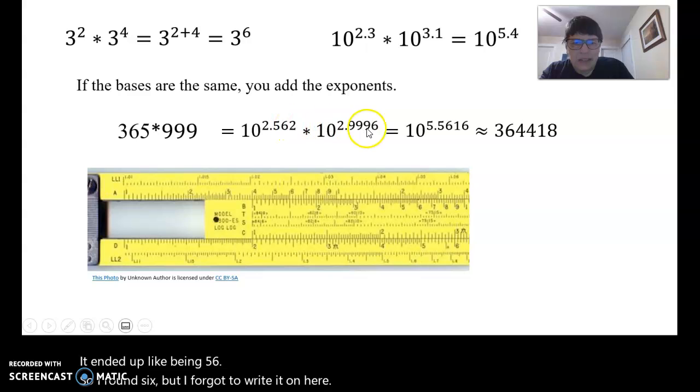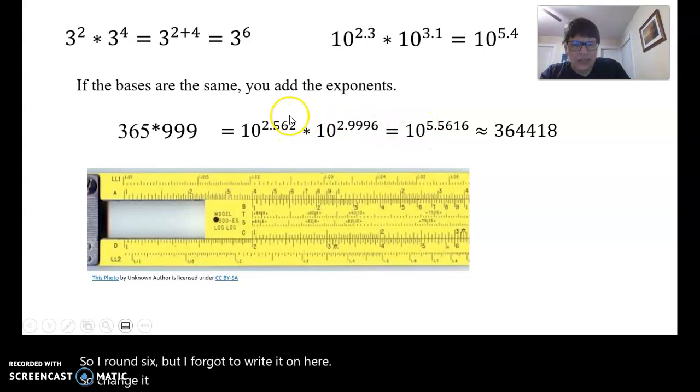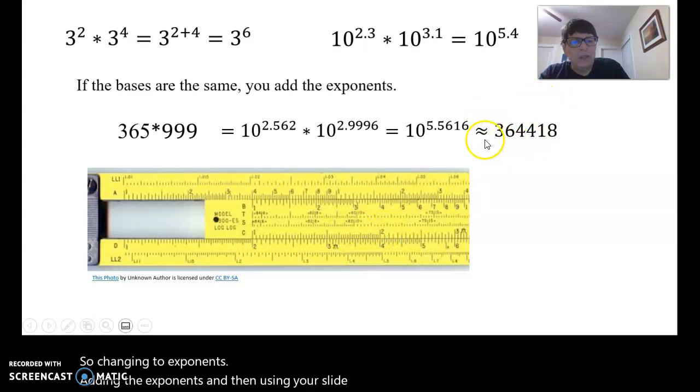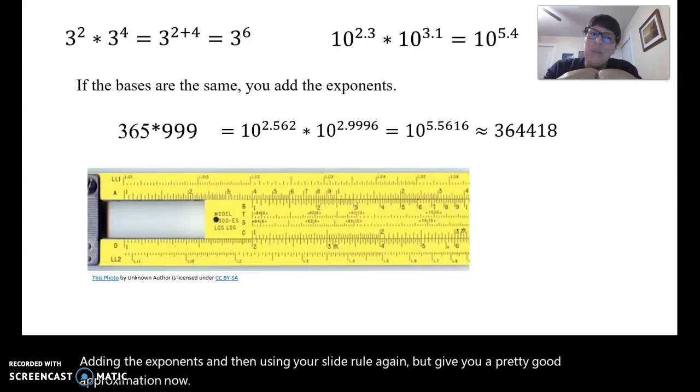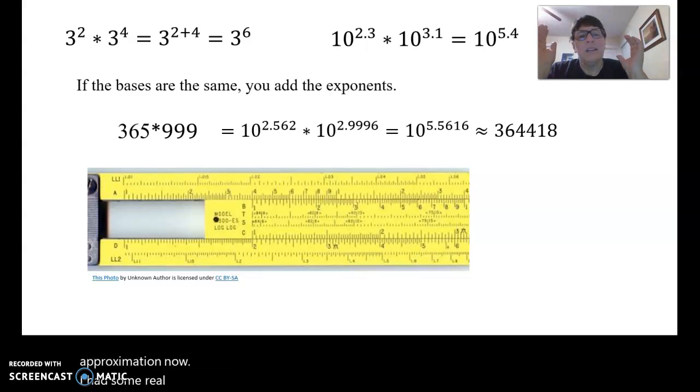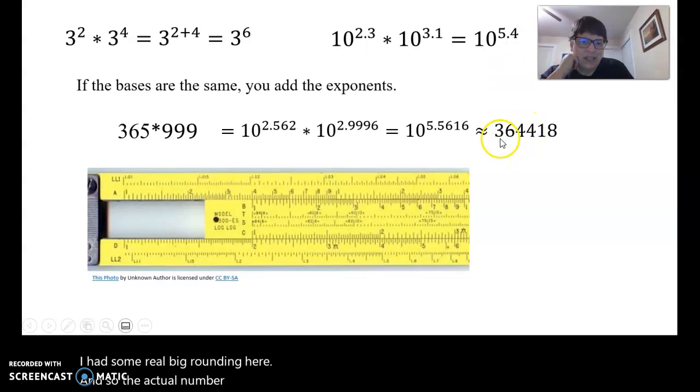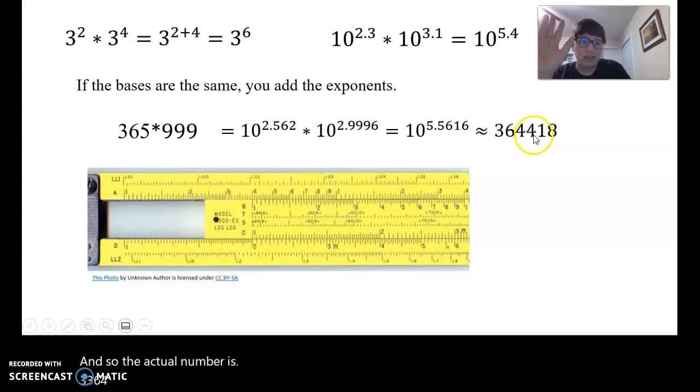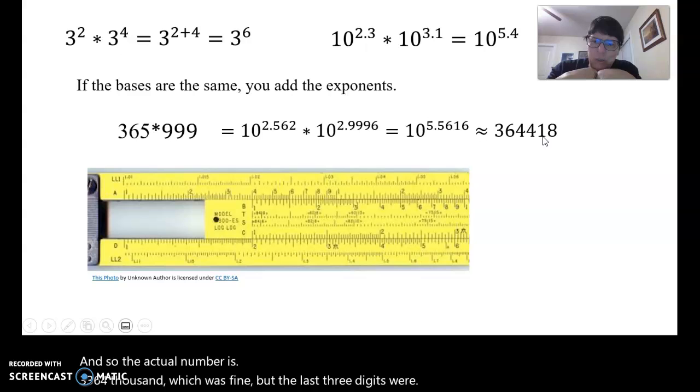So, changing to exponents, adding the exponents, and then using your slide rule again will give you a pretty good approximation. Now, I had some real big rounding here, and so the actual number is 364,000, which was fine, but the last 3 digits were off by about 200.